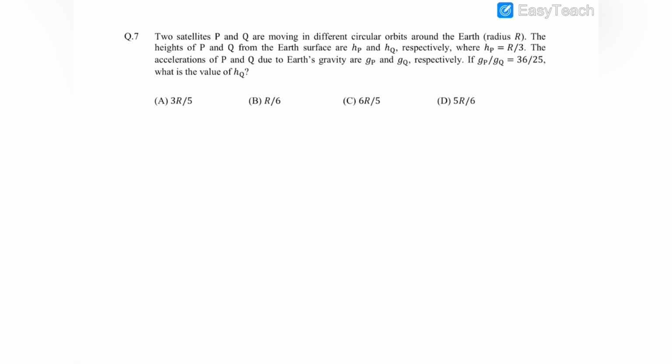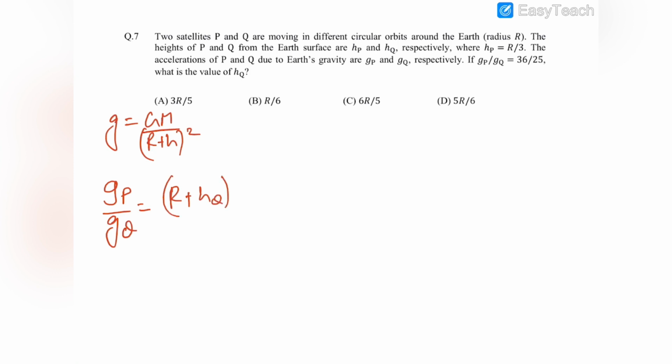We know that g is equal to GM by r plus h whole square. So gp by gq will be equal to r plus hq whole square upon r plus hp whole square.